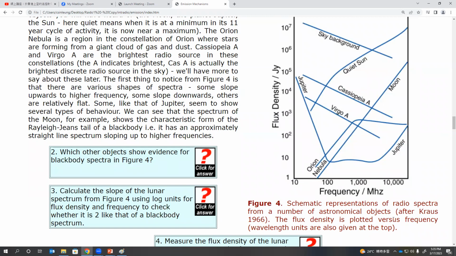This is a very classical radio astronomy book, so any radio astronomy lover probably has one. Again, look at this diagram scale. The x-axis corresponds to frequency and the y-axis corresponds to the flux density. I told you last week, the flux density can be detected directly with the radio telescope, and the unit is Jy, Jansky.